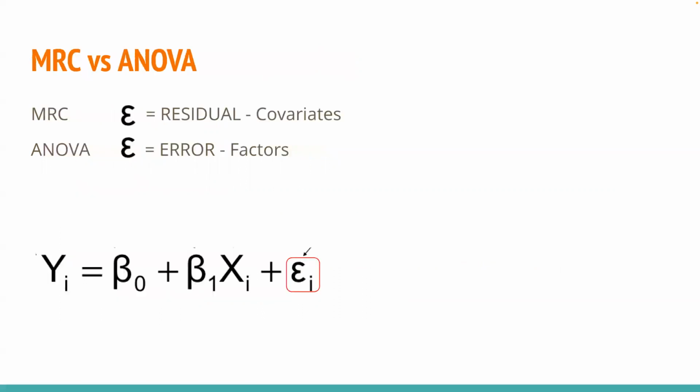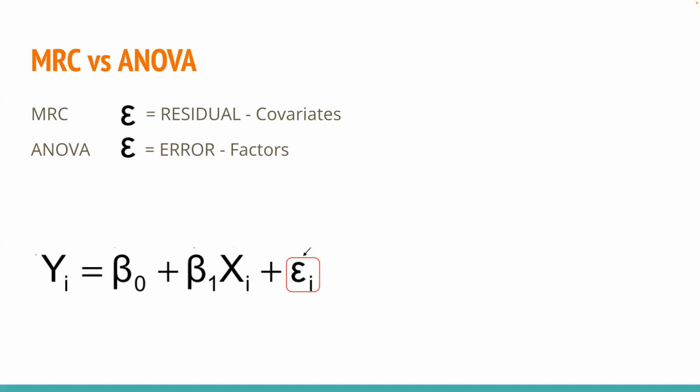So comparing the two, in MRC, those covariates help us explain the dependent variables, or our y's. How it differs is really important. The E is seen as a residual, not an error, in MRC, and we can capture a lot of information by analyzing these residuals. However, in ANOVA, we don't try to explain error. They're just random, uncorrelated.